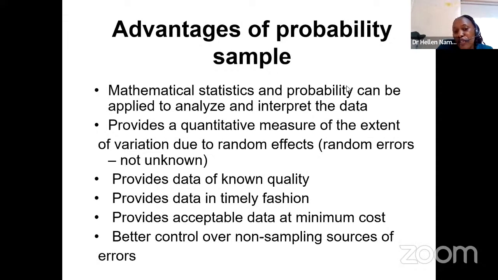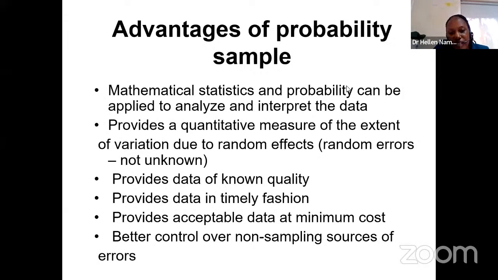Some people will tell you, I'm going to go in for non-probability sampling procedures, and somebody else will go in for probability sampling procedures. But we need to weigh the pros and the cons. What are the advantages and what are the disadvantages? Though when it comes to scientific writing, most of the time we recommend the use of probability sampling procedures.